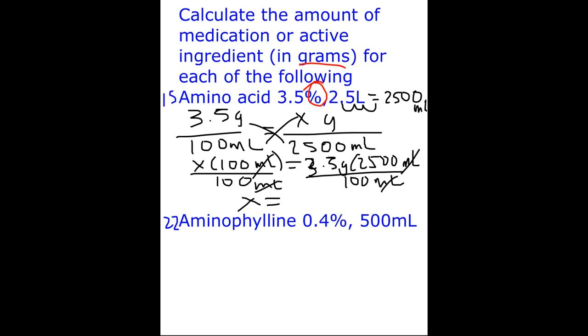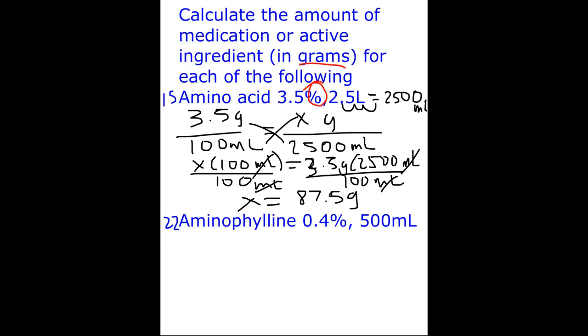So X is equal to, let's put that in the calculator, and we get 87.5 grams. Okay, so the next thing would be the same thing. So aminophylline 0.4% and 500 mLs. So how many grams are in 500 mLs of aminophylline 0.4%?